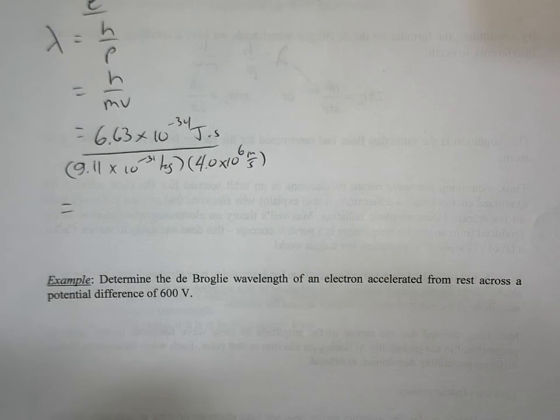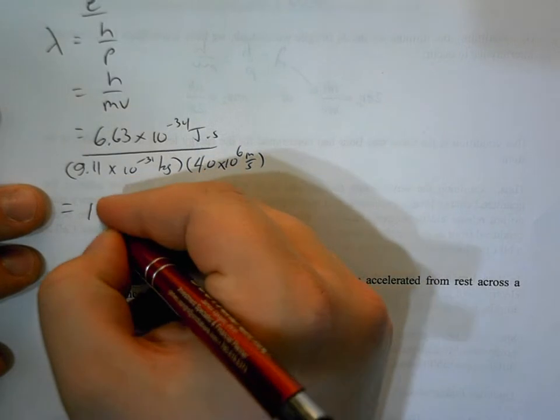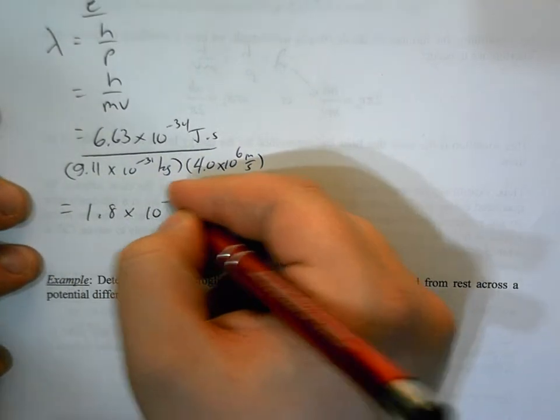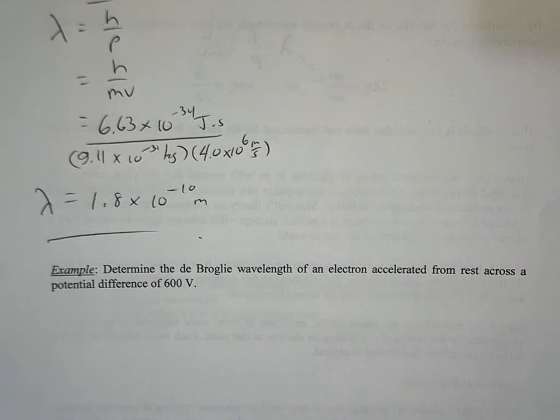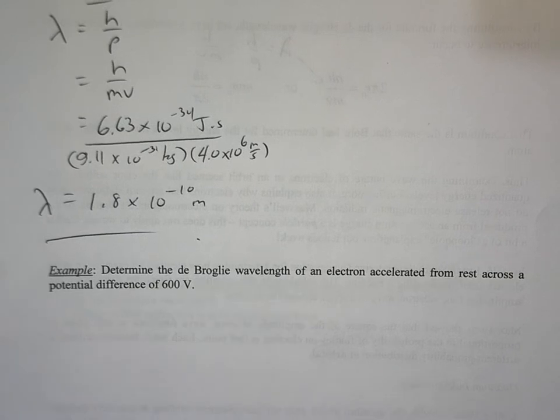So let's see what we get here. We have 9.11 times 10 to the minus 31 times 4 times 10 to the 6. We're going to get about 1.8 times 10 to the minus 10 meters. So that's our wavelength for the electron, treating it like a wave. Now, could it diffract? Yeah, we're going to need spacings that are quite small in the diffraction grating, but it can be done.